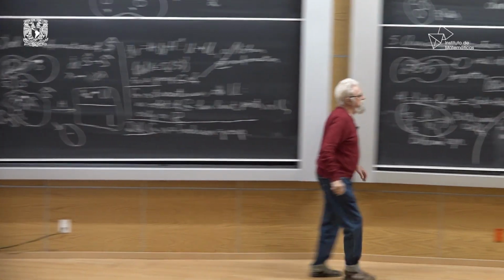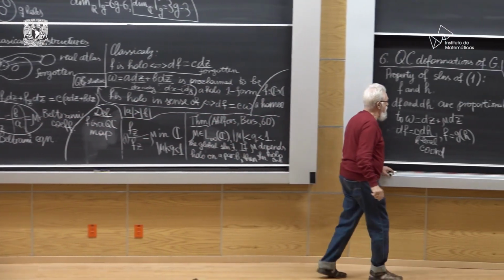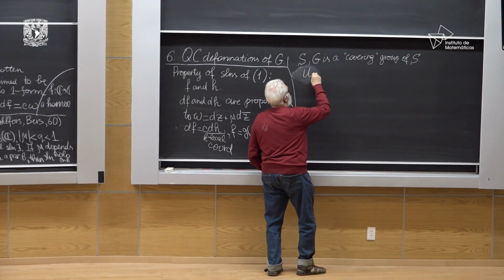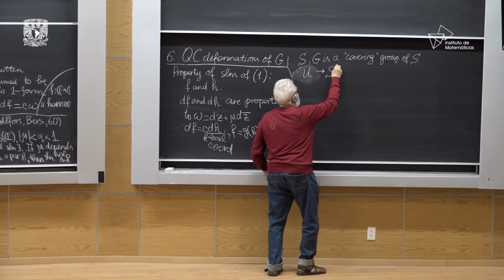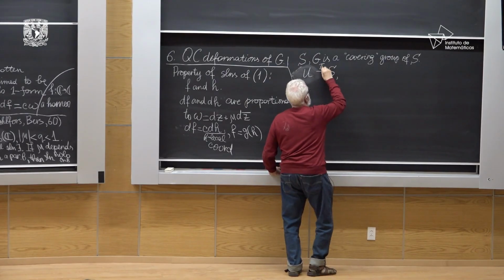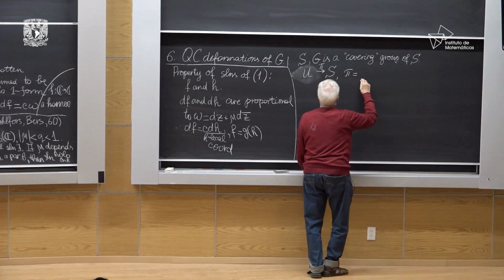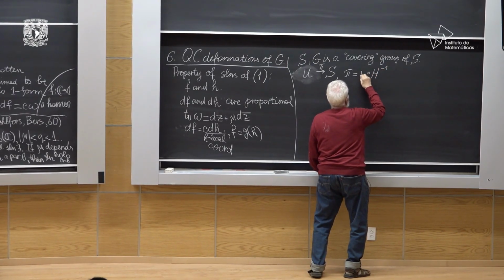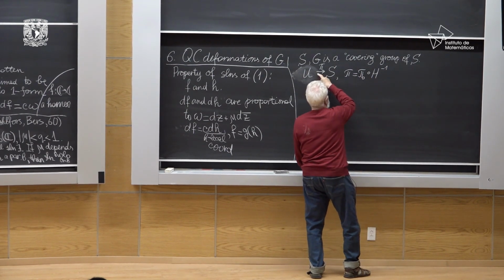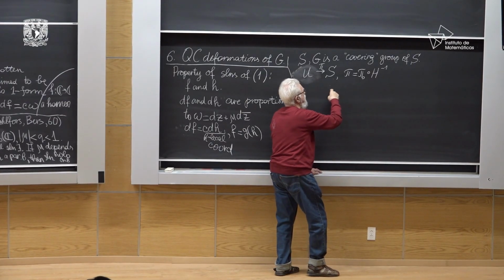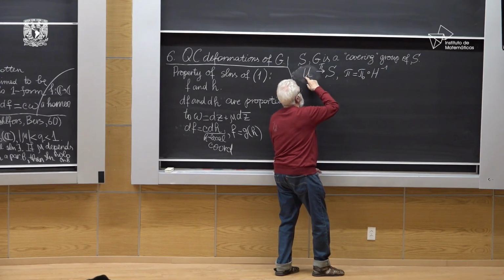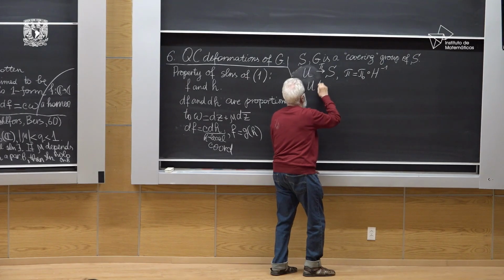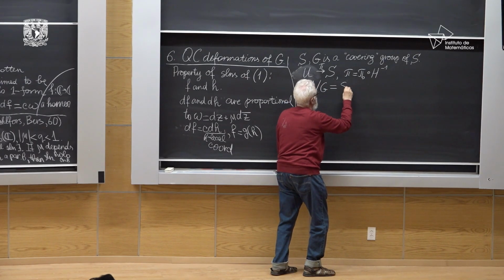And when we identify the images under G, we take the map pi, which is first we map U to the universal cover, then we project the universal cover to S. So this is the map of U to S, and this map is exactly the identification of all the points of the orbit of the group G. So we can write that the factor space of U over G is S.